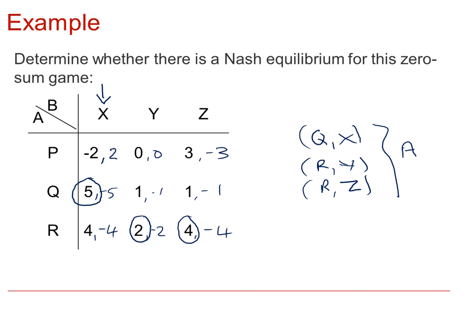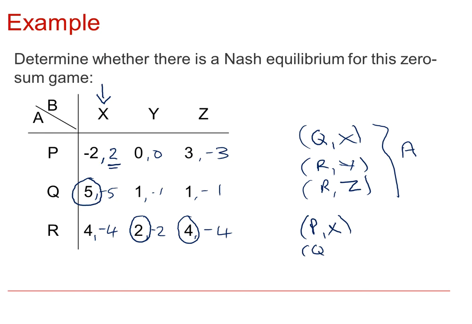Thinking about it from B's point of view, if A was going to play P, then B would choose to play X, because they'd win 2.